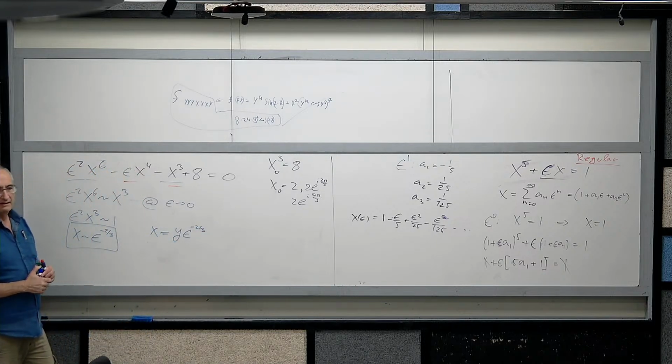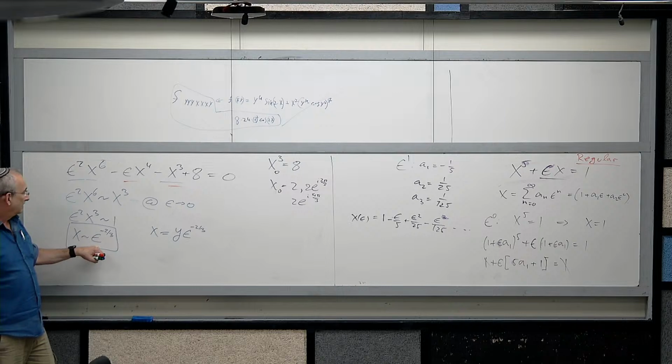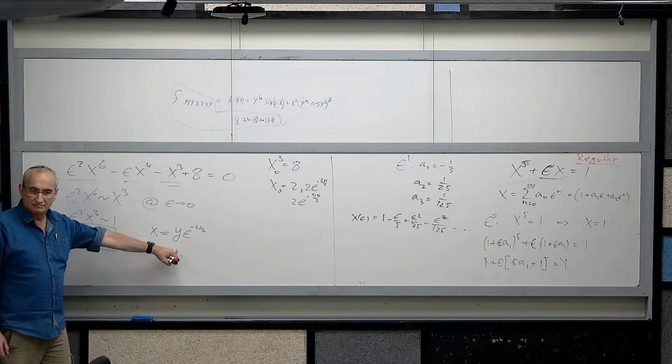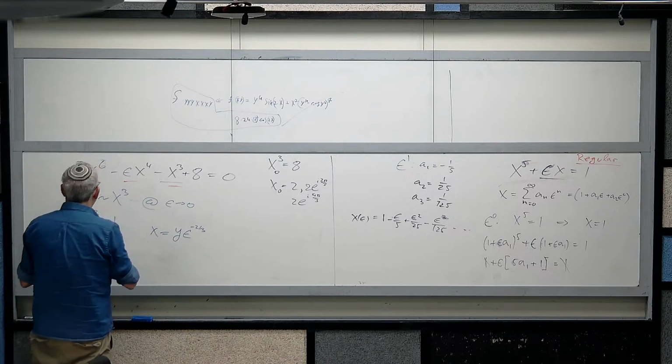Now this implies that as epsilon goes to 0, x diverges, but y stays of order 1. That's the logic, right? And then I can write the equation for y.